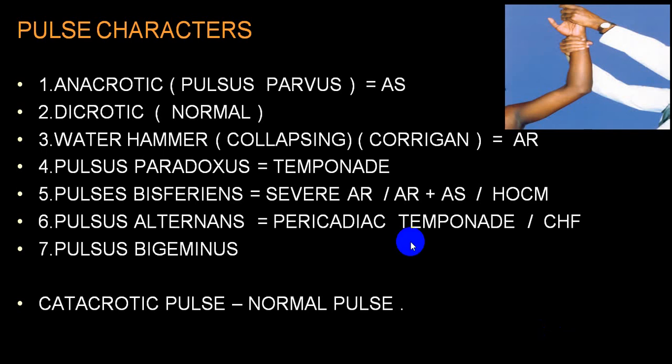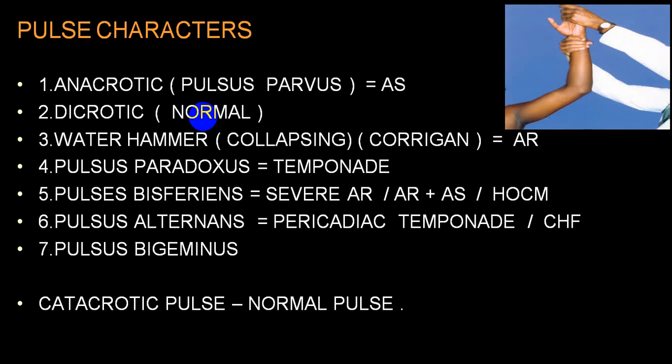There is one term called an anacrotic pulse. Normal pulse is a dicrotic pulse. To identify the dicrotic notch on pulse examination is extremely difficult. An expert can pick it up. Even I am not able to pick it up a good number of times. I am not able to make out whether there is a dicrotic notch or not.